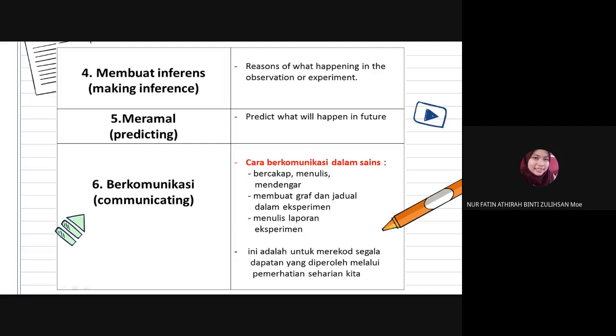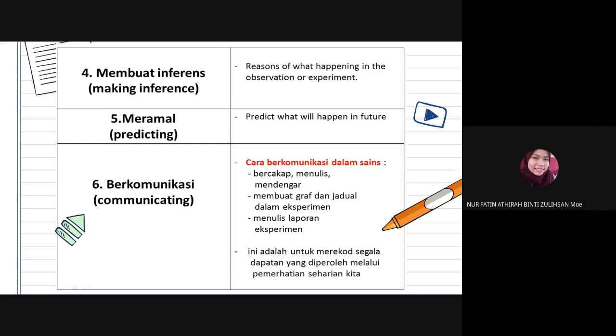For example, take the experiment just now, the leaf. If we give enough water or nutrients to the plant, what will happen after a few weeks? You may answer: the plant looks fresh. That's easy. And the last one, number 6, communicating.